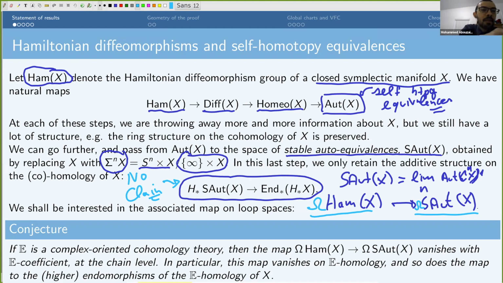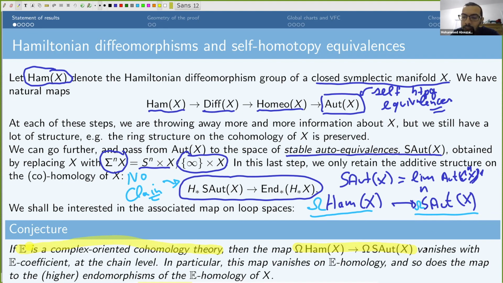So now comes the main claim. This is the main conjecture, which is that if we look at a complex-oriented cohomology theory, and if you don't know what that is, I will say something in a minute, but you can think integral homology, that's perfectly fine. Then this map vanishes with respect to this cohomology theory, and in fact, it vanishes at the chain level, whatever it means to vanish at the chain level.